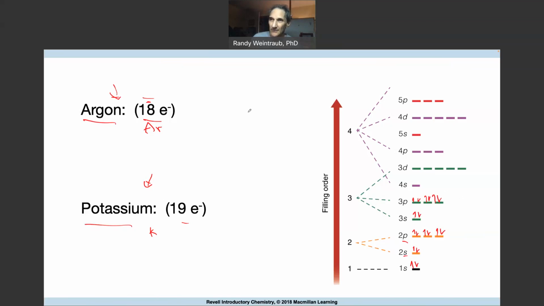And if we were to write the electron configuration, we'd write that out: 1s2, 2s2, 2p6, 3s2, 3p6.